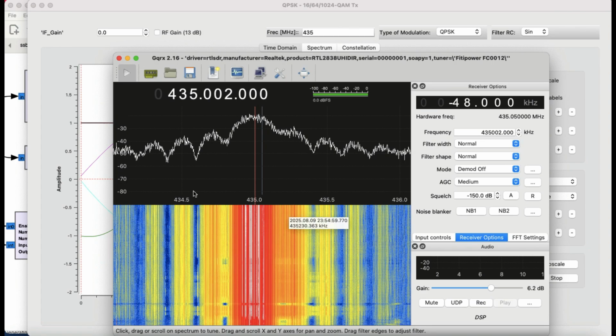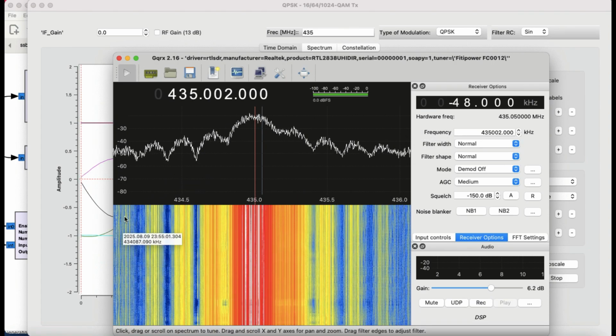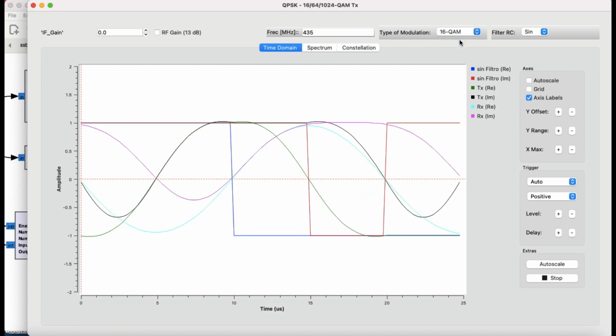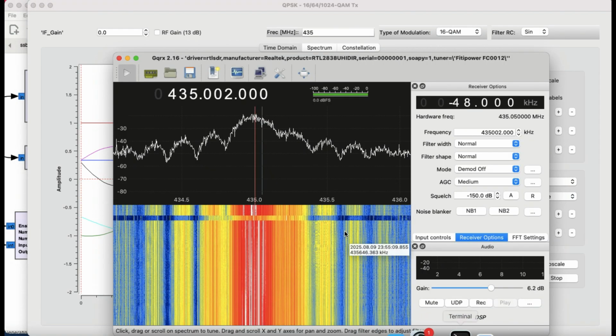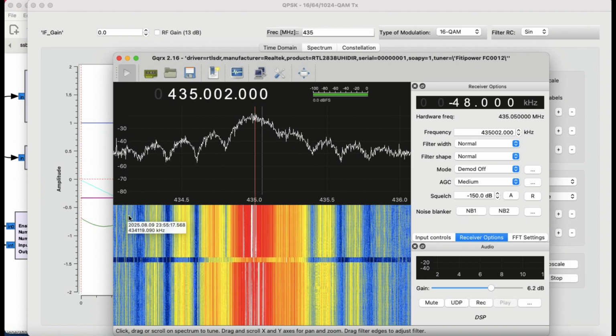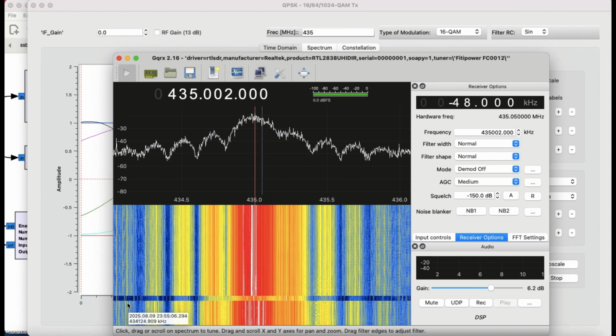But watch what happens when I change the modulation. You see these yellow lines go all the way up to here. Now let me change this modulation scheme to 16 QAM, and notice the difference. These lines are going to be faded out compared to what you were seeing earlier.